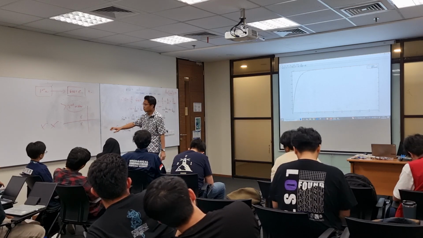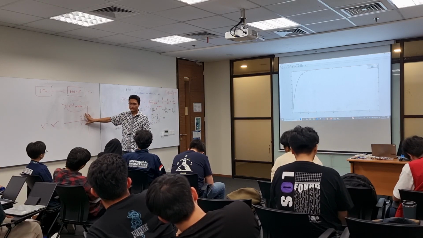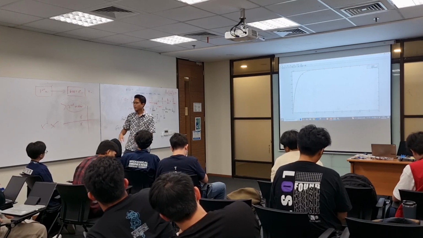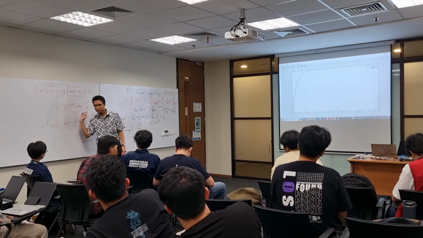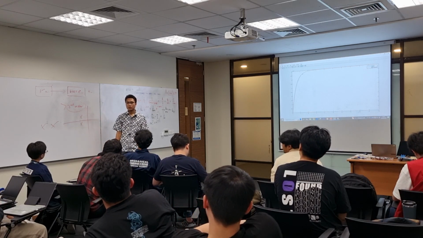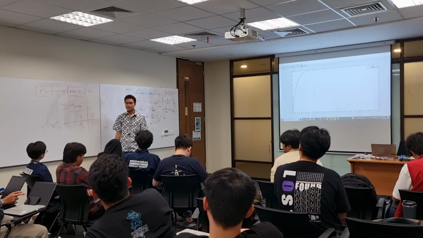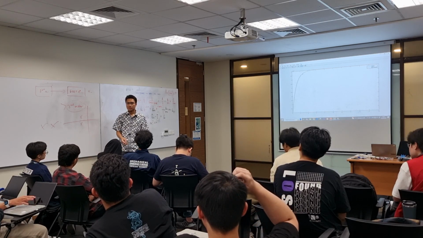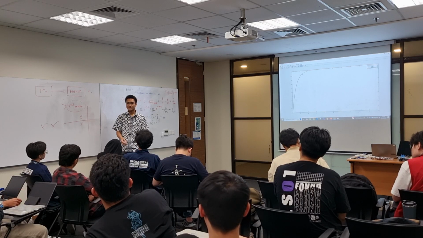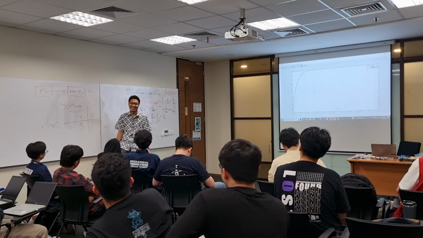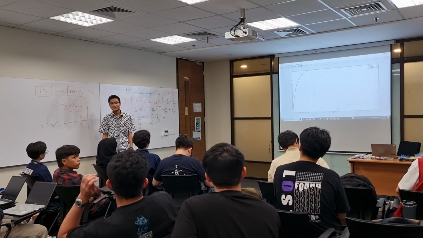You put the dominant ones as your desirable characteristics, and you put the other ones further away from zero. Yes, that's correct. So we can lower the order, technically, theoretically.